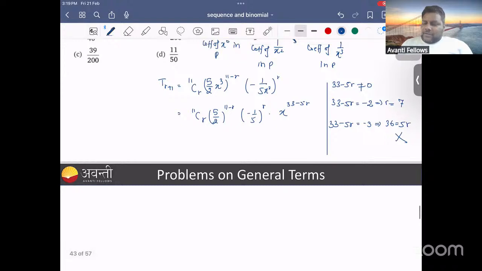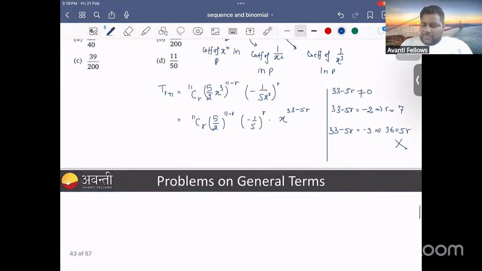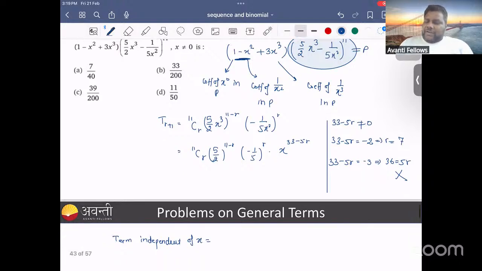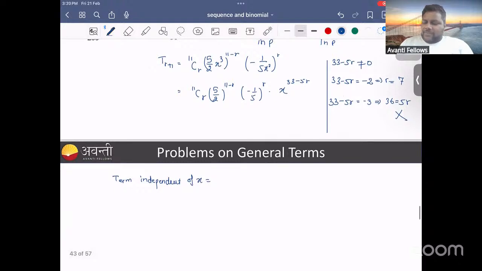So, now see, the term independent of x will be this term multiplied by the coefficient of 1 by x^2 in p, and you will get your answer. Now, the coefficient of x^2 is minus 1 here, and the coefficient of 1 by x^2 can be obtained if I put r as 7.